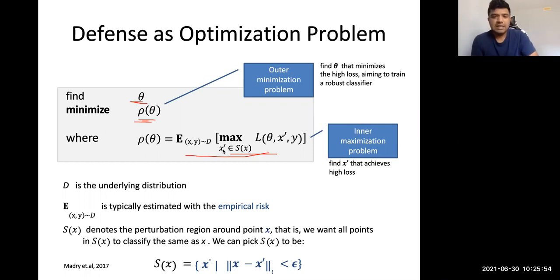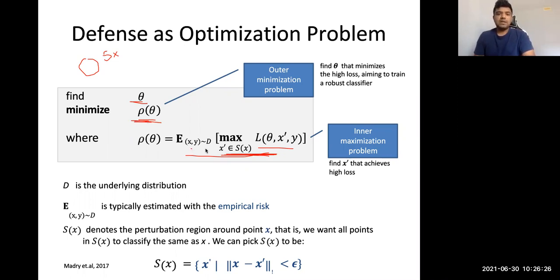What this exactly means is we want to find a point x prime within the range Sx such that for that point the loss is maximized. So we want to find the worst case behavior, and we want to minimize that worst case behavior.